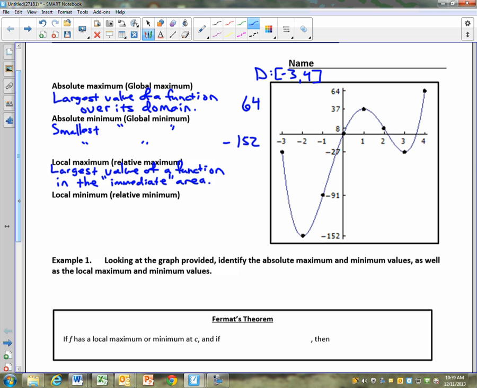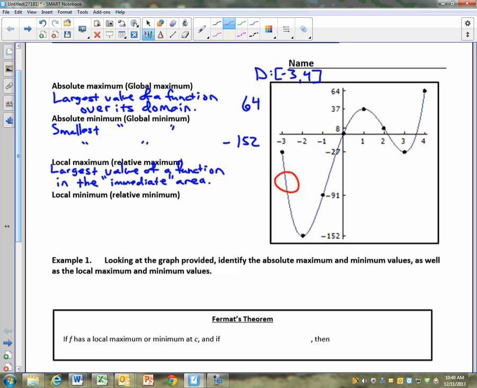So when I say immediate area, I mean you kind of circle an area. And in that area, if there's a kind of a smallest value, such that if you move to the left or if you move to the right, it's the biggest, then it's a local maximum. So for example, if I just circle this area right here, okay, if I pick this spot right here in the middle, if I move to the right, what happens to the graph?